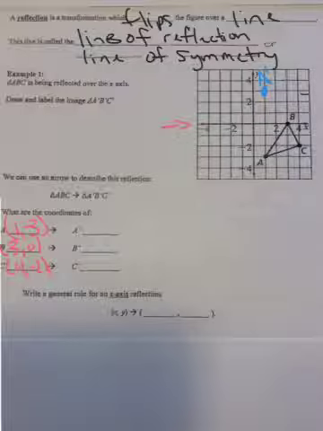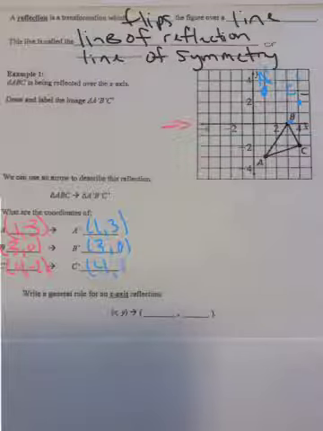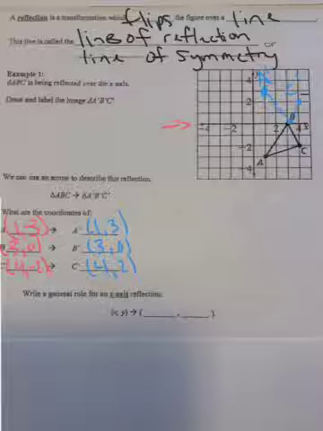B is at 3, 0, right here on the axis, so it's going to stay on the axis. And C is at 4, -2, so when we flip it, it's going to go up 2. It's at 4, +2. We're going to connect those points, and there's our new triangle.